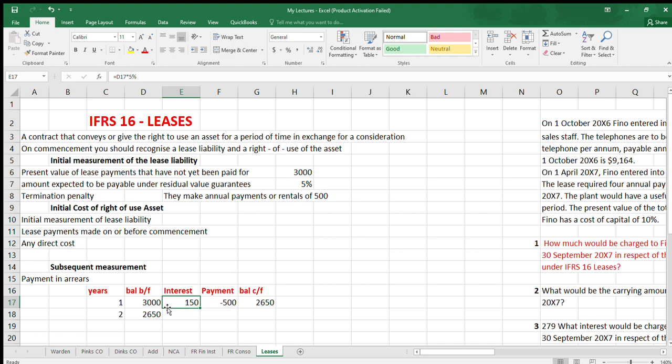But if you are preparing the statement of financial position, you need to split the lease liability into current and non-current liabilities. So our interest, this multiplying by our 5% here. Our payment constant over here, they make annual rental payment. So negative 500. We add them.